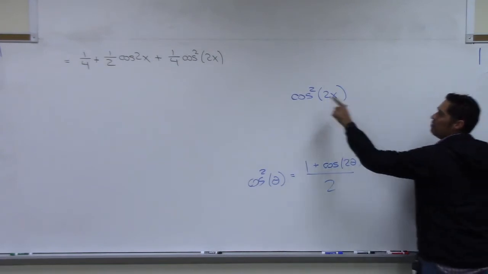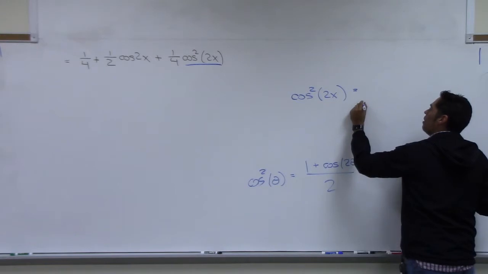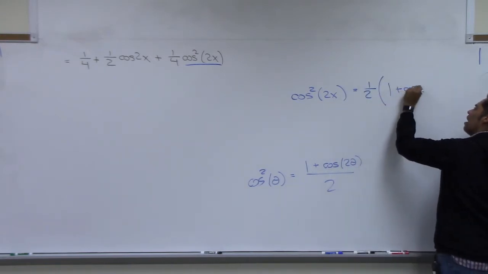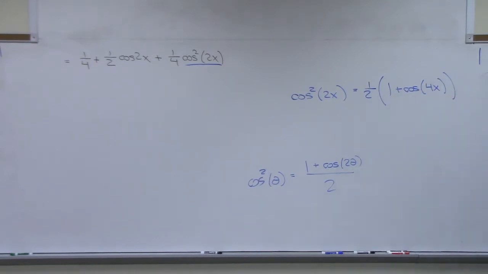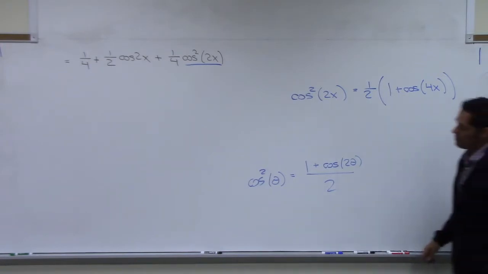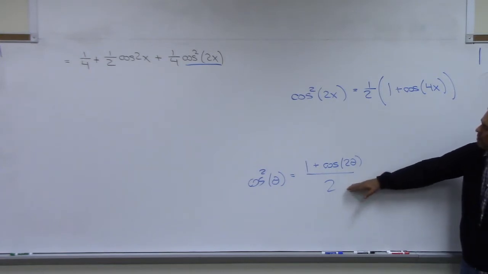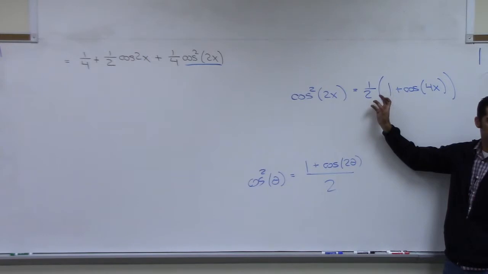So this part right here is going to become 1/2 times 1 plus cosine 4x. That's this formula being applied to a 2x and me pulling the half out to begin with.